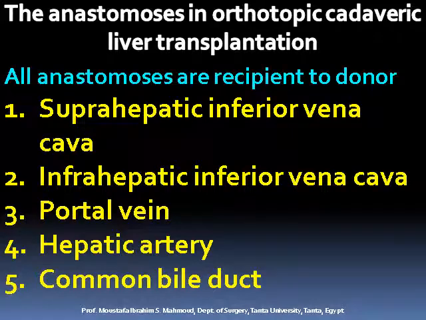The anastomosis in orthotopic cadaveric liver transplantation. Anastomosis are recipient to donor: suprahepatic inferior vena cava, infrahepatic inferior vena cava, portal vein, hepatic artery, and common bile duct.